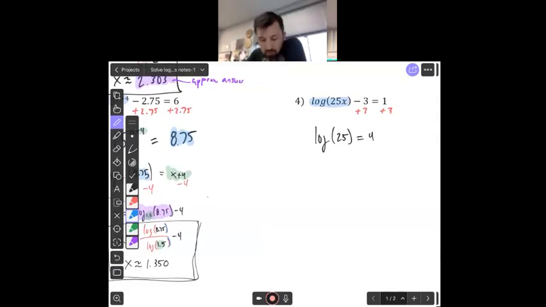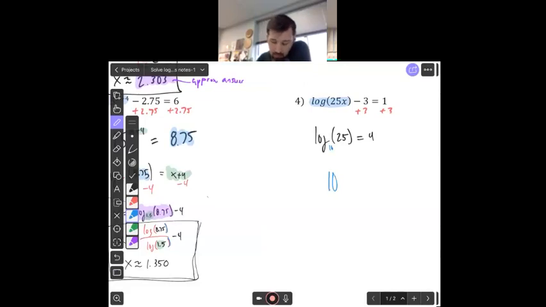Where do we go next? Base 10, okay. So Tion's saying we should see there's a 10 there.